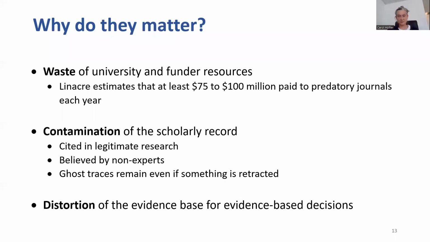It's being believed by people who are not experts at all. And even when something is retracted, so removed from the research record, it still can have ghost traces, because if somebody's cited it or relied on it in some way in their own research, then it still exists in the research that used it. So this can cause lots of problems, including the distortion of the evidence base for evidence-based decisions.